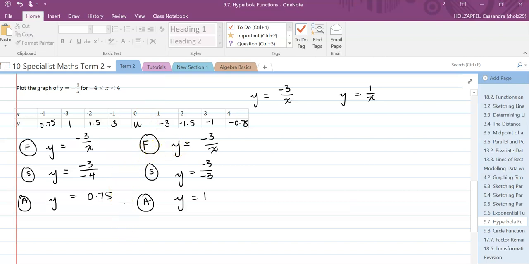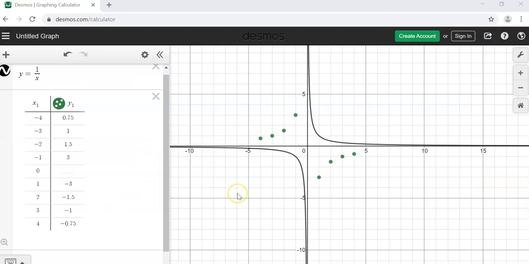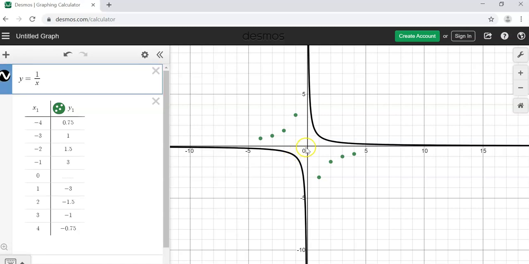So let's go ahead and plot this into Desmos using our table. All right, so we have our line that's in black here, and this is our parent function, so y is equal to 1 over x. And this function here was that table of values that we've created from y is equal to -3 over x. So I'm guessing we're starting to see what's happening with some of these transformations here. So the first thing I want you to observe, looking at the distance here between the function and the axes.